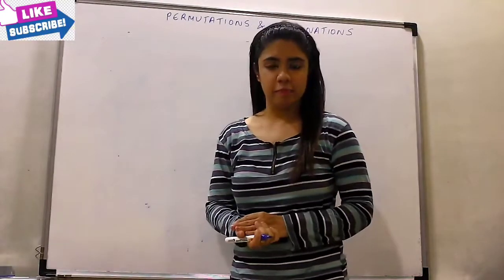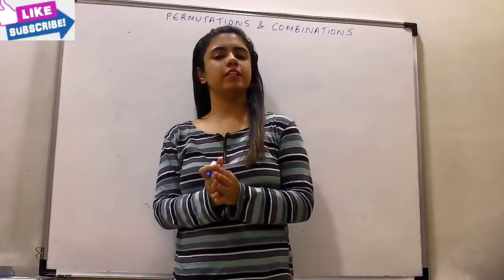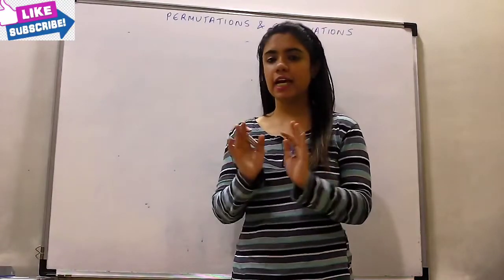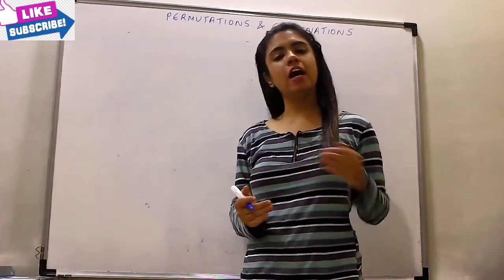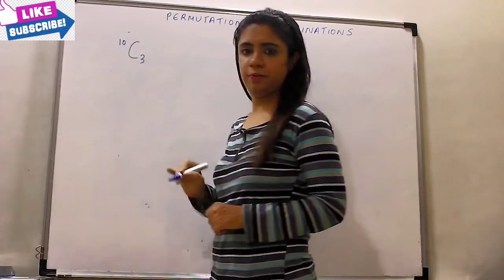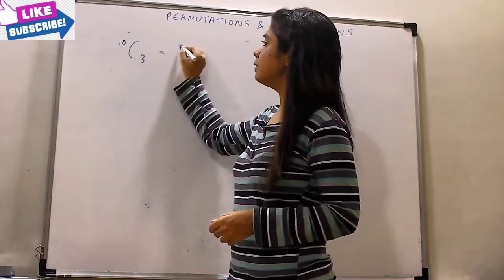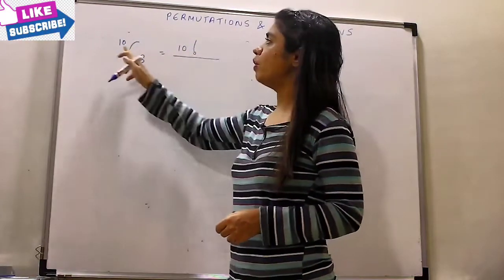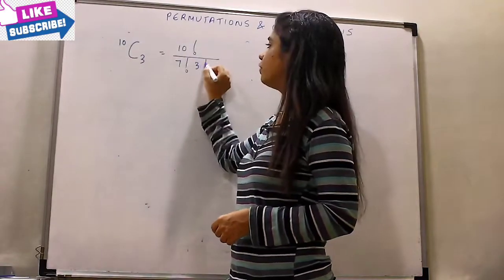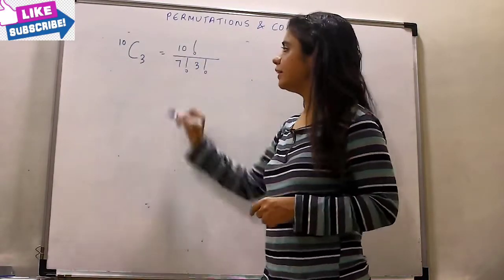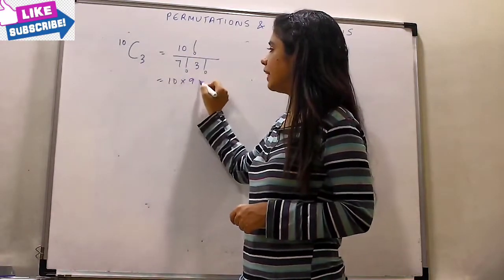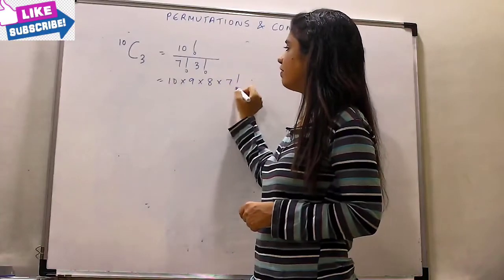Now let's look at an example of combination. Suppose I tell you, I had 10 people and I had to select 3. Correct? In how many ways can I select? So my solution will be 10C3. How will you solve it? It will be 10 factorial upon 10 minus 3, 7 factorial into 3 factorial. Now understand, can I write 10 factorial as 10 into 9 into 8 into 7 factorial?